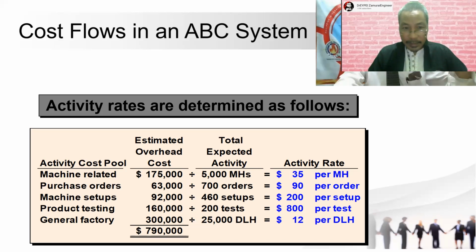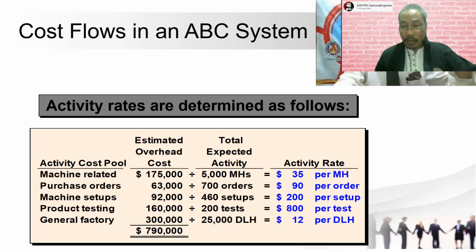175,000 for the first line. Divide by 5,000. If you use your calculator, you can confirm that the value is equal to activity rate of $35. Okay, that is activity rate. This is how we compute activity rate under the activity-based costing.